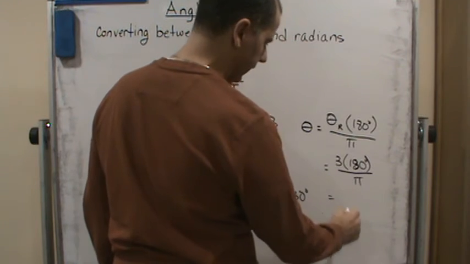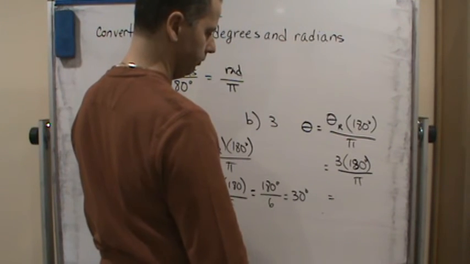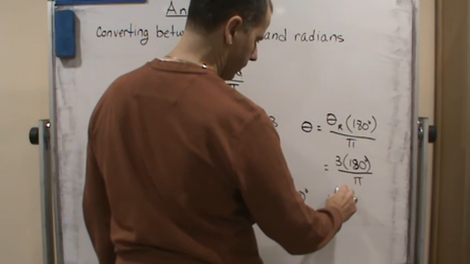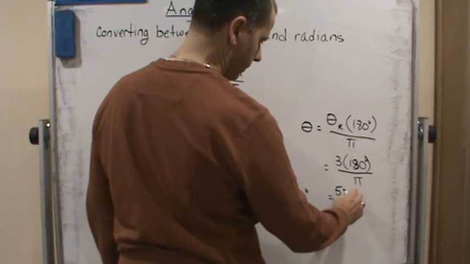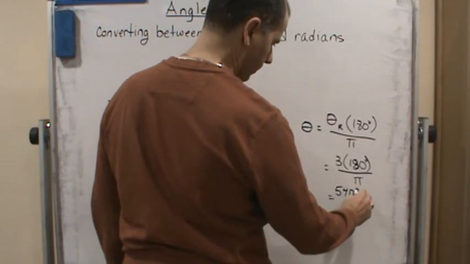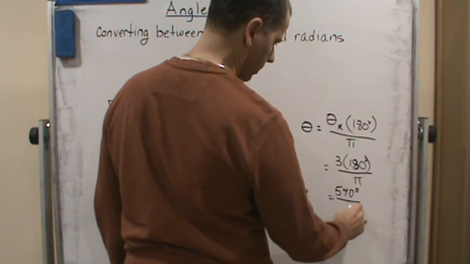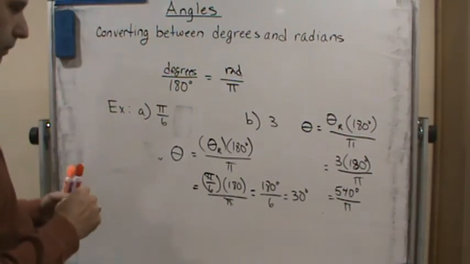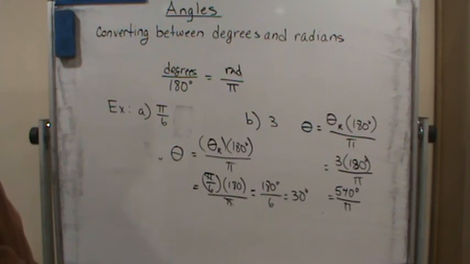This is going to equal 540 degrees over pi, and the radians cancel, so I end up with degrees.